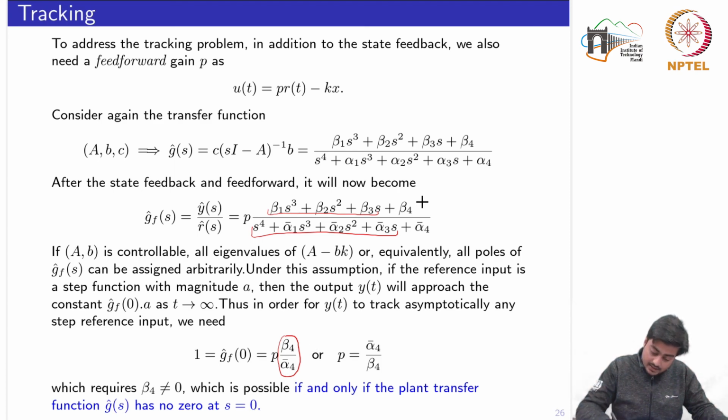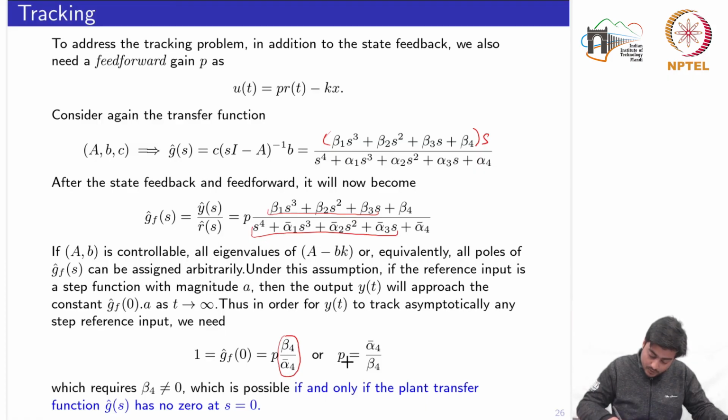Because if there is a zero available at the origin, then we know that the roots of the numerator polynomial cannot be changed. So this zero would stay as it is, and then the DC value would definitely be 0. In that case we cannot track any reference signal because the response would always be 0, since the denominator is always a stable Hurwitz polynomial.